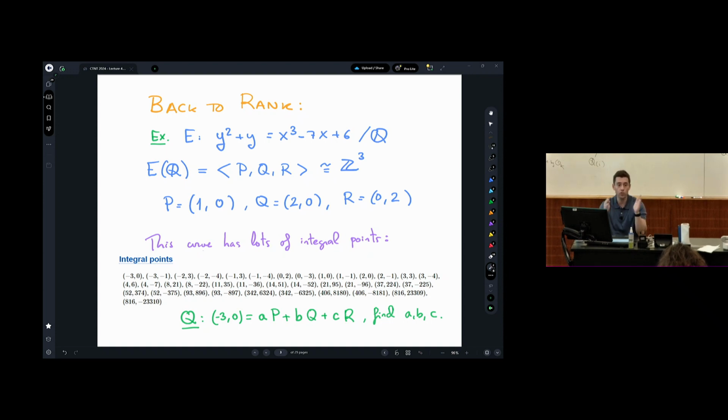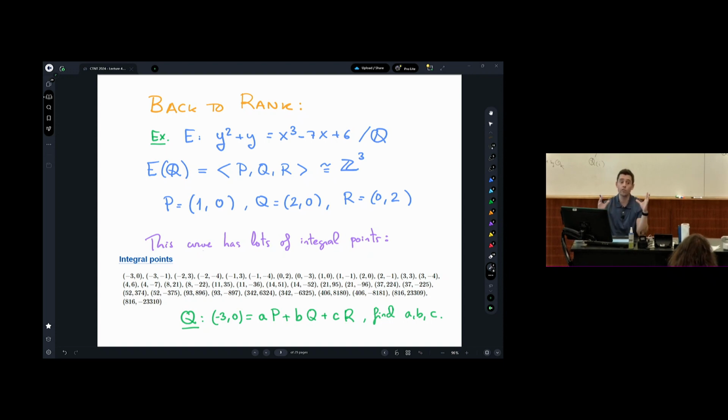So you can actually do a search by height, but you need to know first the generators of the Mordell-Weil group, and once you have that, then you can prove that you found all the integral points. But it's a delicate consideration. You remember we talked about Baker's bound.